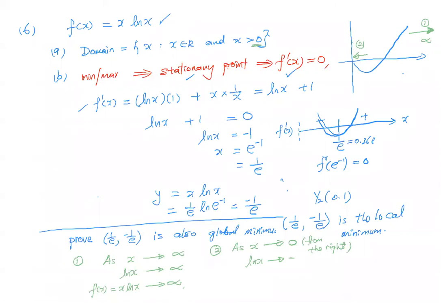So can we just put negative infinity? If you put 0.00001, it will be very, very negative, correct? But your f(x) is made up of x times ln x, correct? Very negative times by 0, what do you get? 0.